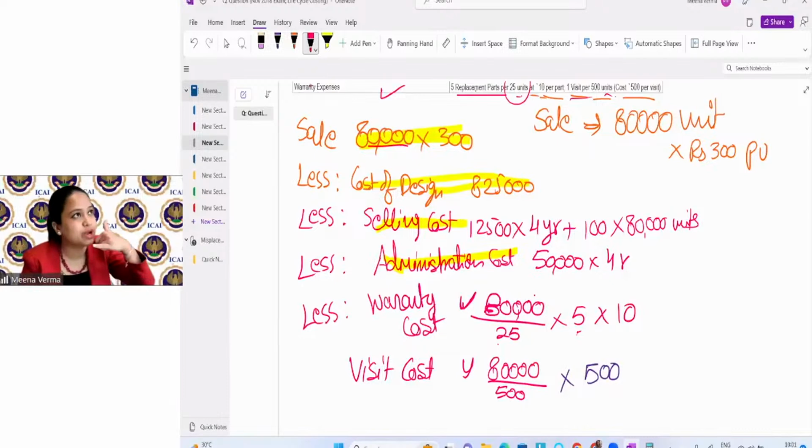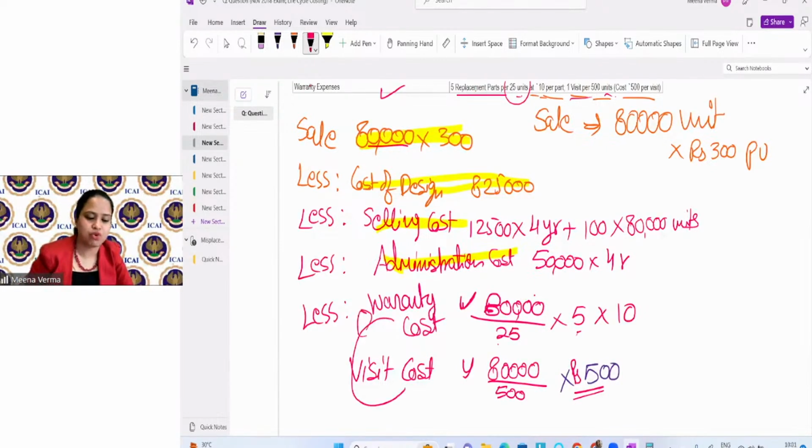You call the call center, saying my AC is not working. One engineer will come to your home and check it. This is the visit cost. He incurs transportation and his per day salary, so all of it is included in the visit cost. Similarly, we have considered the visit cost here as a part of warranty. So this is the entire cost over the 4 years.